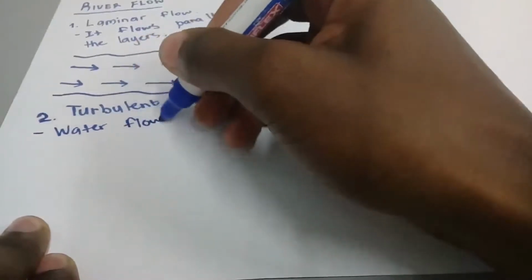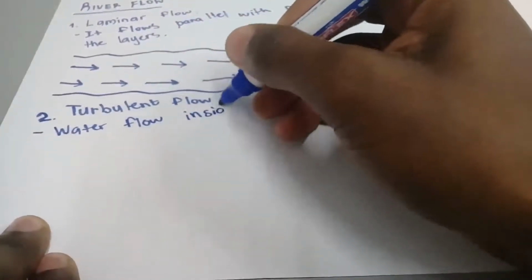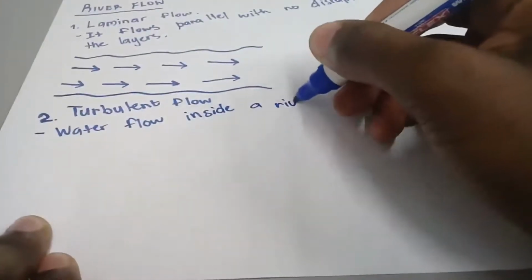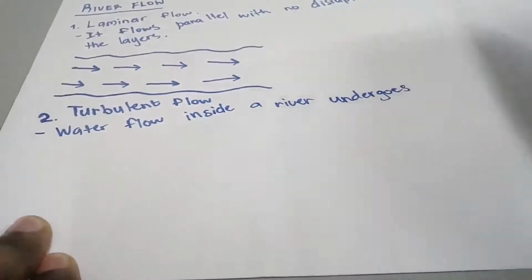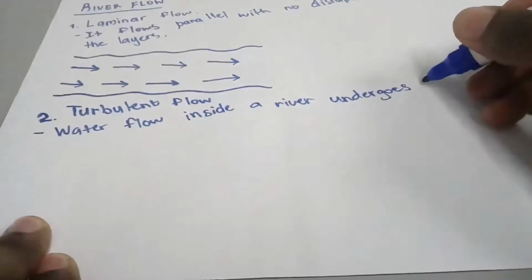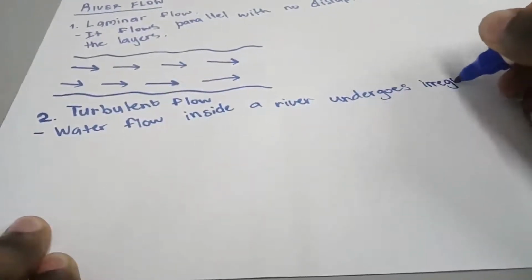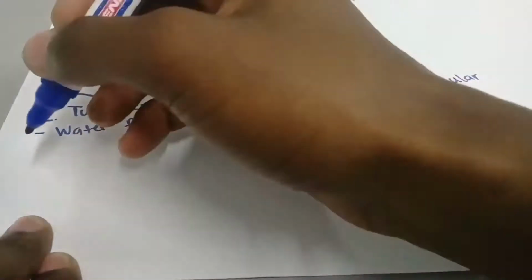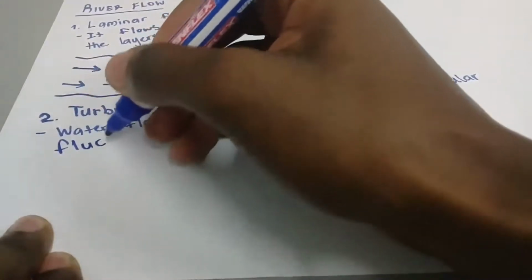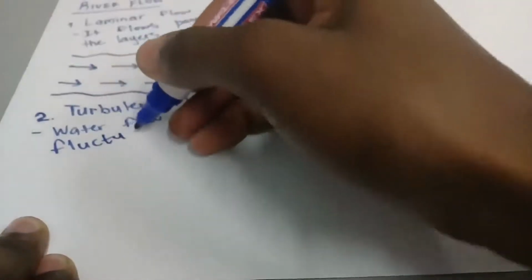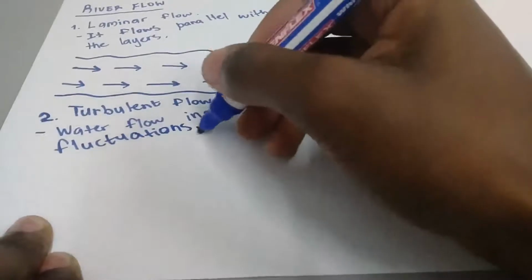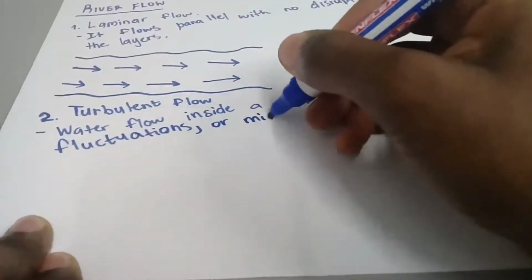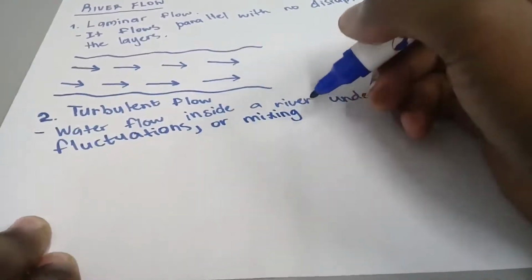Water flow inside a river undergoes irregular fluctuations, or we can say mixing.